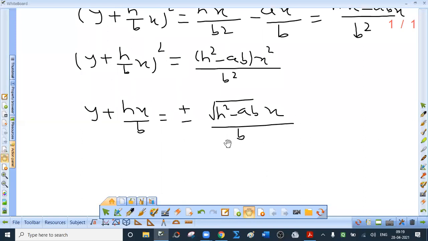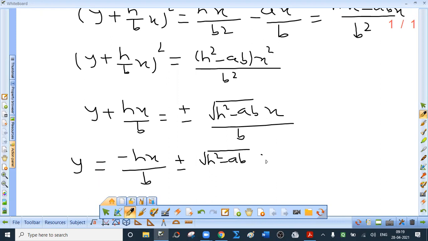Next step, I write this as, because a line through origin has an equation in which form? y equal to mx. We have done this. So bring hx by b to the right hand side. So it becomes minus hx upon b plus minus root h square minus ab into x. x is outside the radical sign.